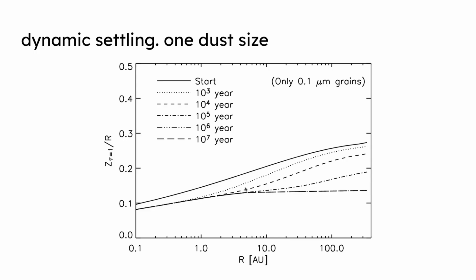All these tau equals 1 surfaces are computed for stellar radiation, so basically it goes along the horizontal lines. This means that whatever matter there is, it's mostly below that height. It's hidden behind this inner part. And this is self-shadowing for sure.